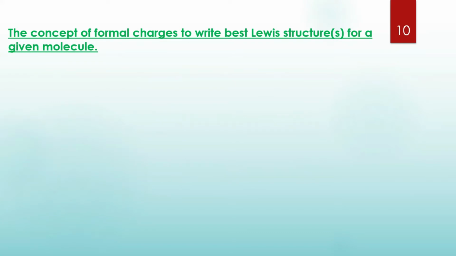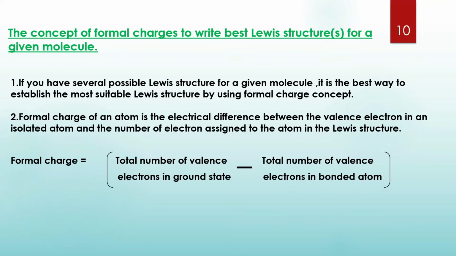So first of all, formal charges. Formal charge is the method that you use if there is more than one acceptable Lewis structure for a given molecule. Using this concept of formal charges, you can determine the most stable Lewis structure.